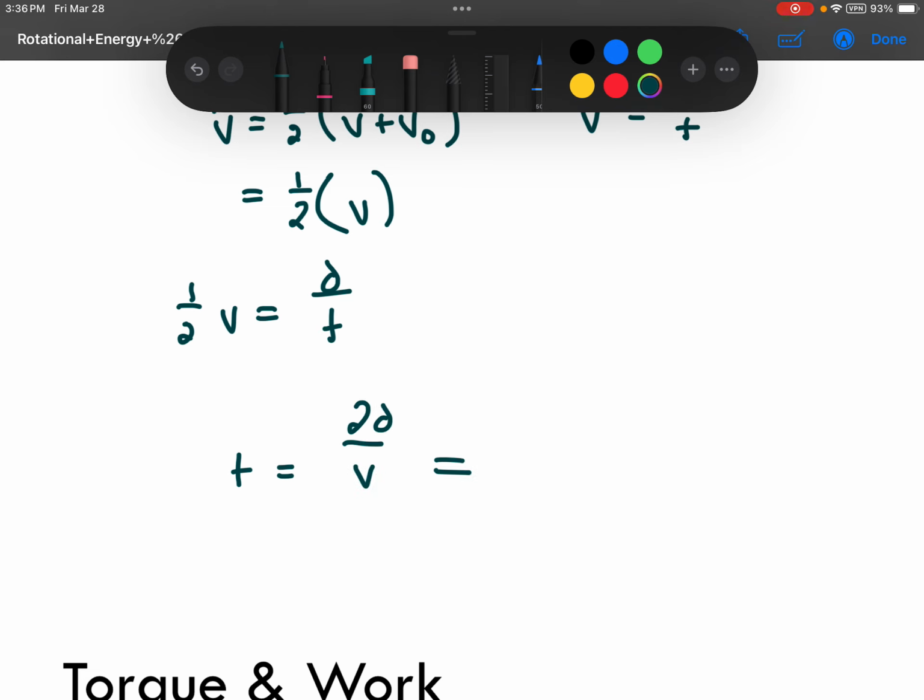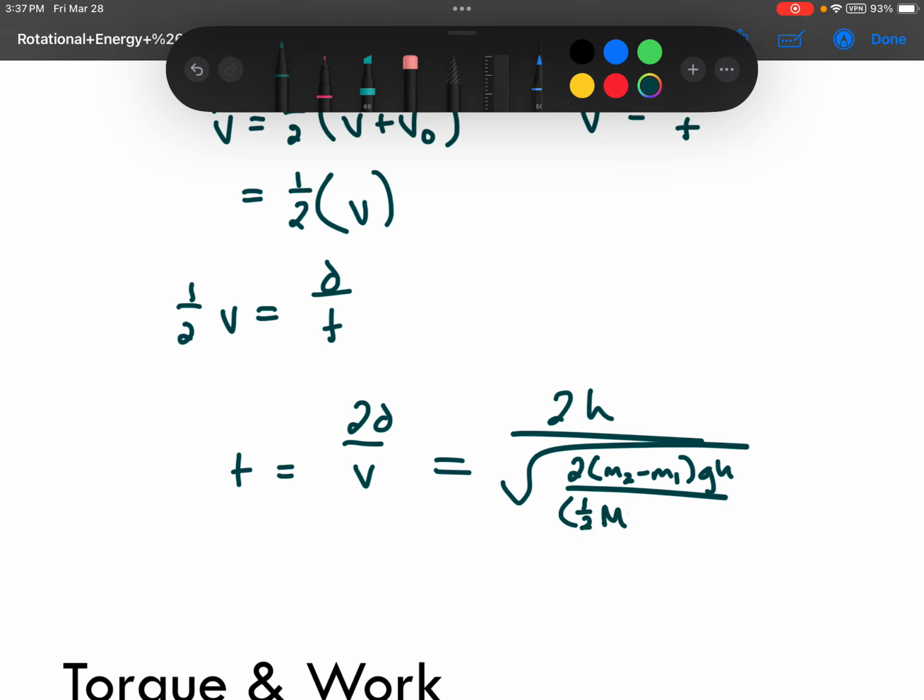Well, the distance that our object moved was h, so 2h over, and now we have our whole answer from part A. That's the square root of 2 (m2 minus m1) gh over (1/2 big M plus m1 plus m2). Okay, and so that is an expression for the time.